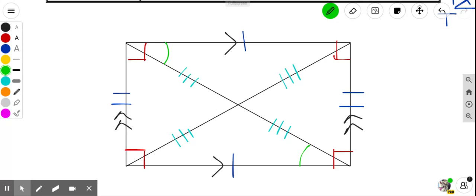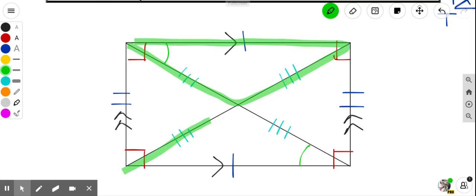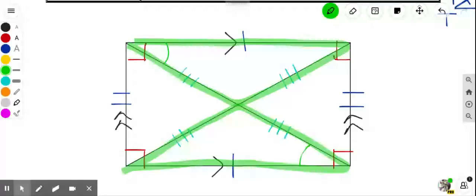One other cool thing, let me highlight this for a second. These triangles, this one here and this one here, are isosceles triangles. Remember isosceles triangles, the base angles are the same.